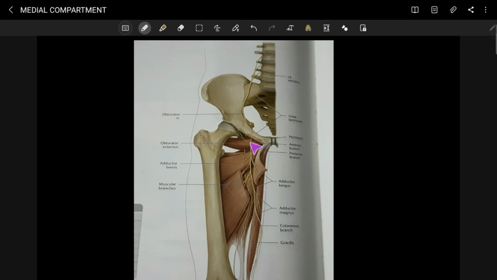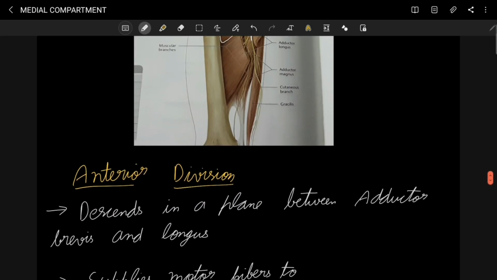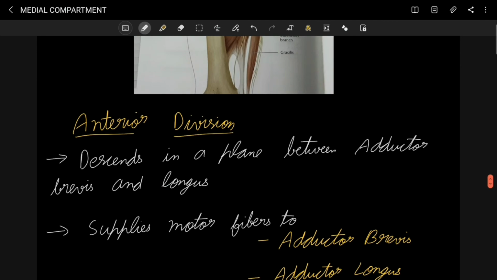The branch which is anterior to the adductor brevis muscle we refer to as the anterior division, and the branch which is posterior to the adductor brevis muscle we refer to as the posterior division. So the anterior division descends in a plane between the adductor brevis and the longus.